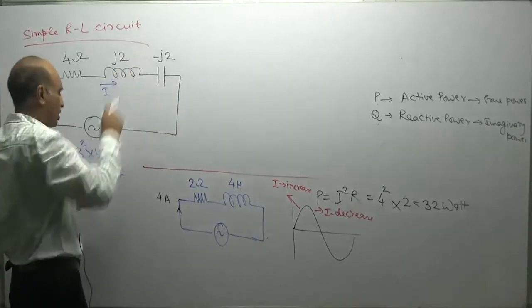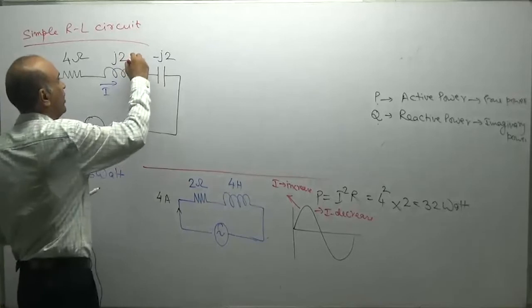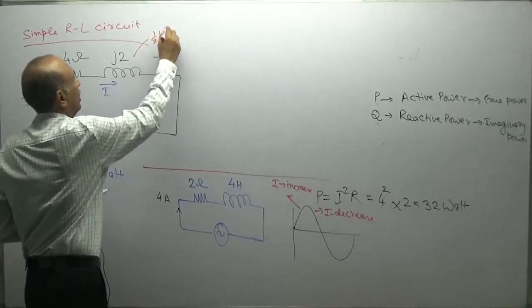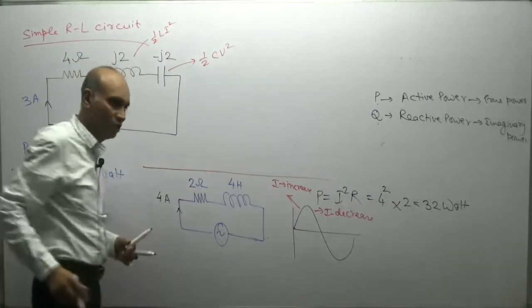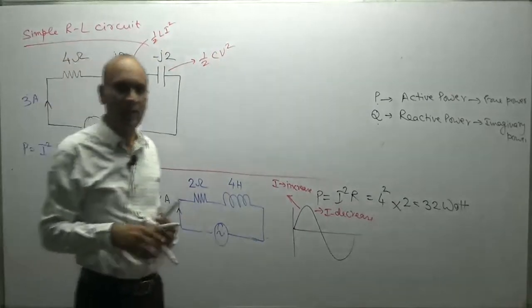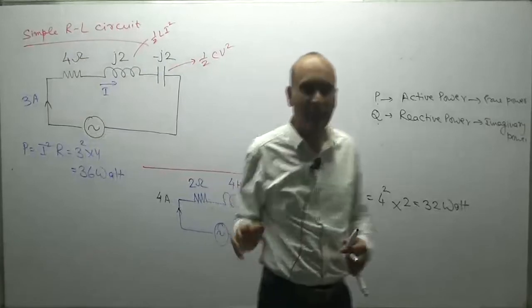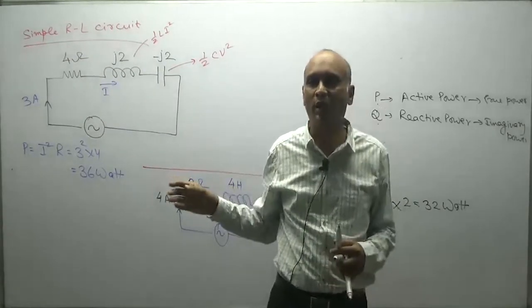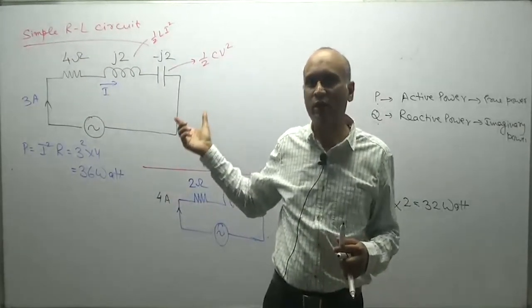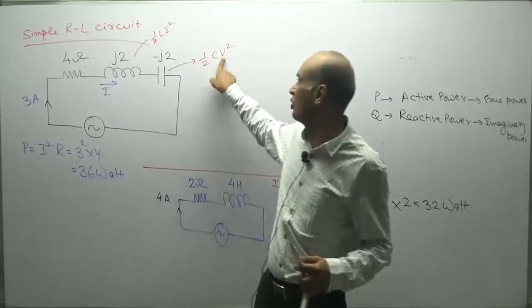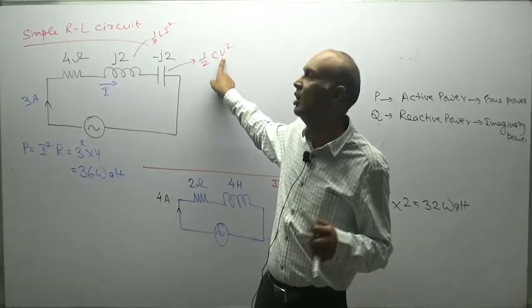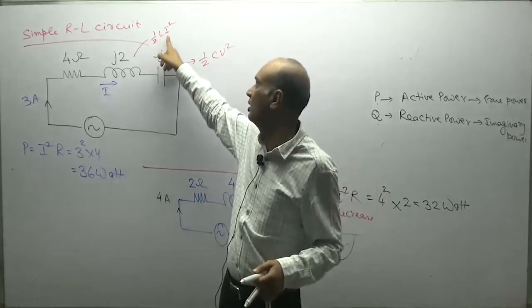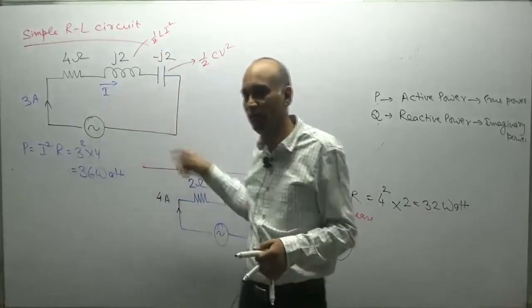Inductor stores the energy half L i squared. Capacitor stores the energy half C V squared, right? The voltage across the capacitor is continuously changing because it is an AC circuit. The current through the inductor is also continuously changing.